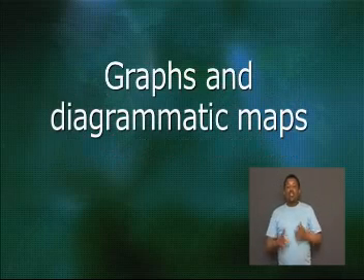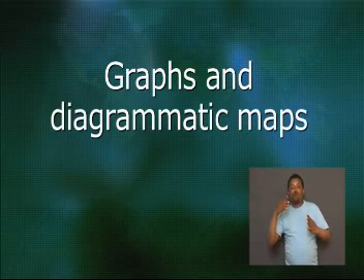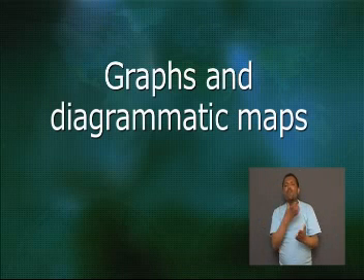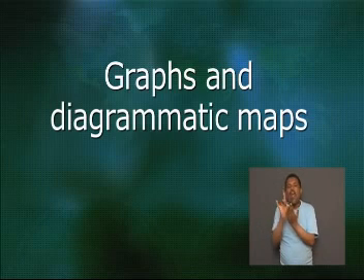The fourth type of quantitative maps are graphs and diagrammatic maps. These are used to show economic or population data and other quantifiable distributions.